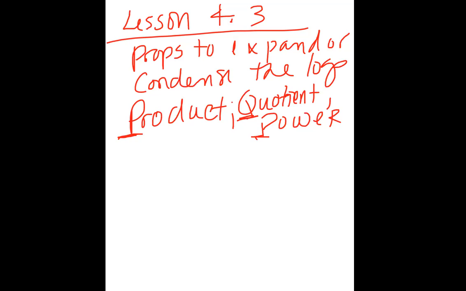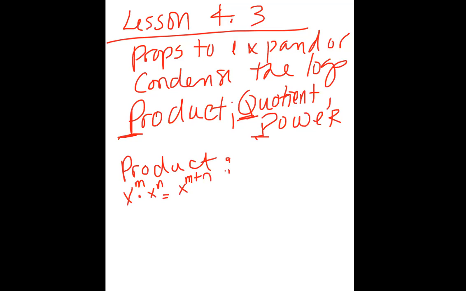So guys, think about the properties we use for exponents, like the product property. The product property, when we talked about the basic rules of exponents, was if you're multiplying with the same base, what did you do with the powers? You kept the base and added the power. So it's the same thing here.